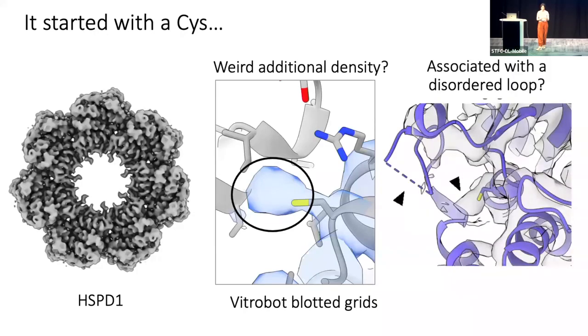And he noticed that in the region of this cysteine, there was a loop region, which he was essentially unable to resolve. And going back and looking at bacterial homologs, it was clear that in those structures, the loop was perfectly ordered.